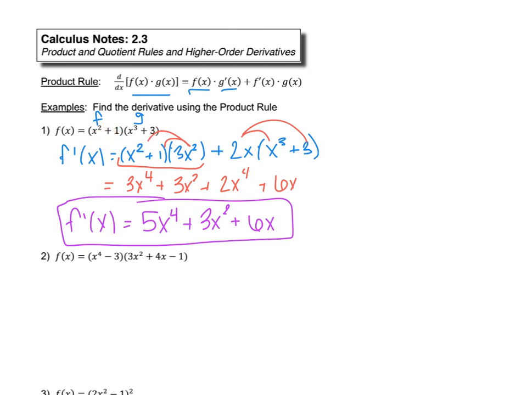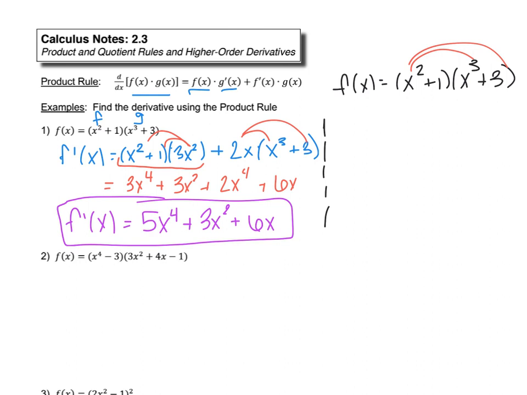So we found that using the product rule, which does rely on the power rule when we found the derivative of each one, but it just makes finding the derivative of this different type of function possible for us. Okay, but before we move on, I want to show you what would have happened if we didn't have the product rule. If we were told to find the derivative of this function, x squared plus 1 times x cubed plus 3, we would have had to rewrite this by distributing.